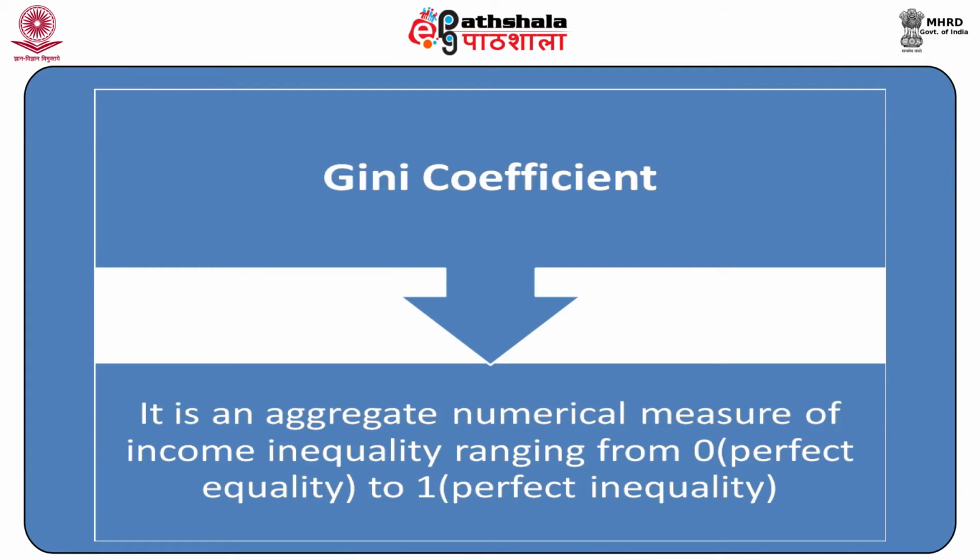Number 3, the Gini coefficient. It is an aggregate numerical measure of income inequality ranging from 0, that is perfect equality, to 1, that is perfect inequality.